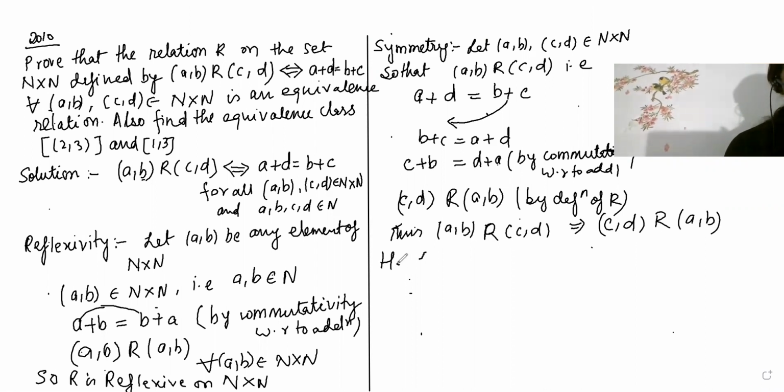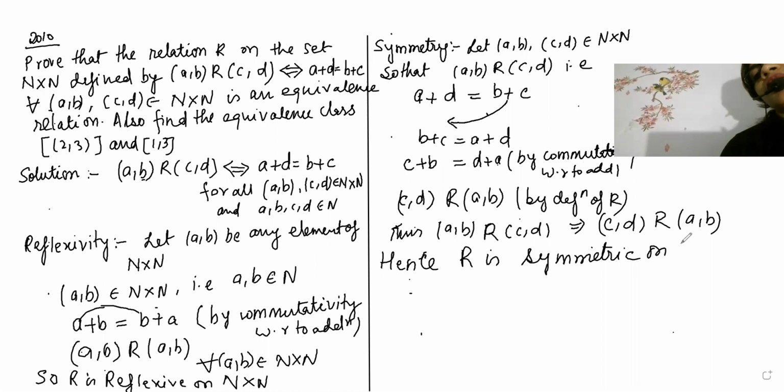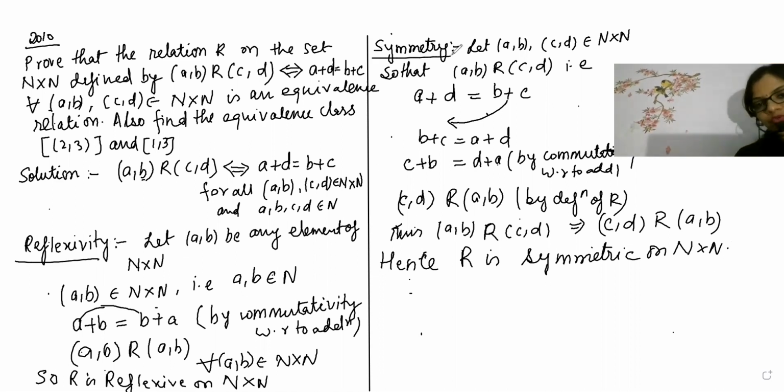Hence, R is symmetric on N cross N. So we proved reflexivity, and we proved symmetry also.